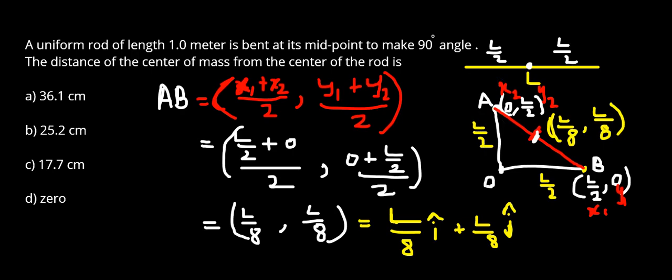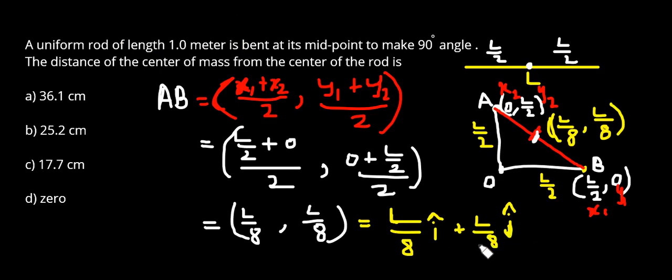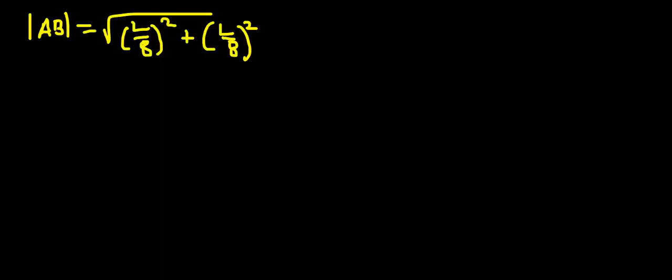I will be moving to the next page. To get the magnitude of the midpoint of this AB, we are going to take the modulus, which means square root. To change from the vector form to the magnitude, we are doing this. L by 4 i cap plus L by 4 j cap in magnitude can be written like this.